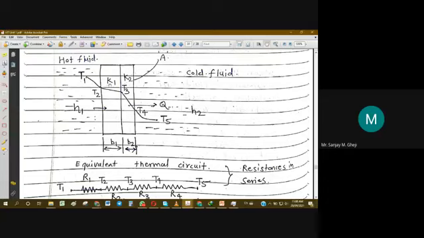Then through this plate it is by conduction, and through the second plate it is again by conduction, and from this plate to the outside or cold fluid, it is by convection. From this plate to this plate it is purely by conduction because there is direct solid to solid material contact. And here fluid is involved, fluid to solid and solid to fluid. That is why it is convection.